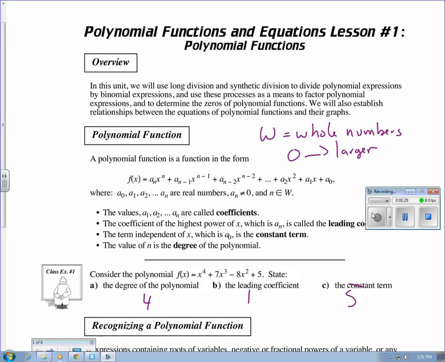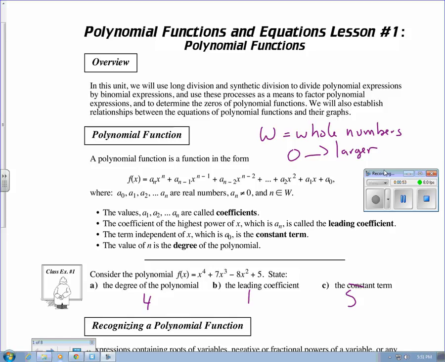We have coefficients. They're labeled an, an minus 1, all the way up to a0. They're usually numbers of some description. They might be radical signs. They might be fractions. Coefficients can be anything you want. The coefficient of the highest power of x is called the leading coefficient.